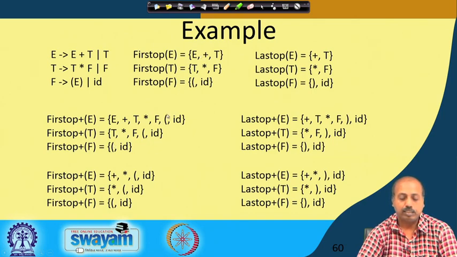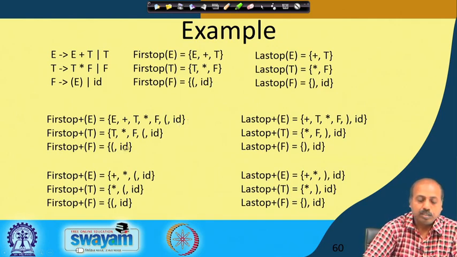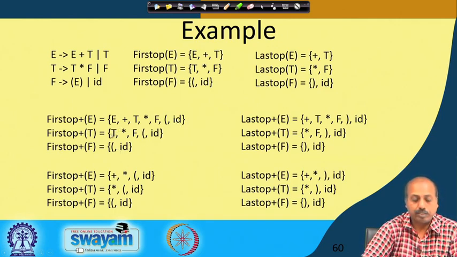As a result, this open parenthesis and ID also appear in the first plus list of E. Similarly, we can construct the first plus of T, which is T star F, open parenthesis and ID, and first plus of F, which is open parenthesis and ID.